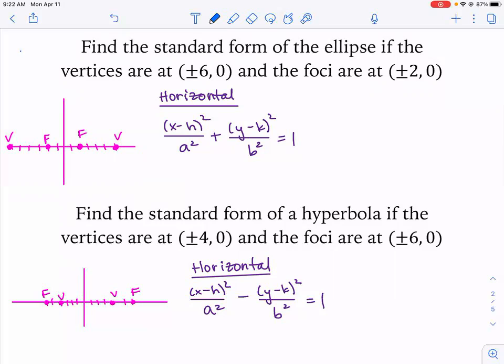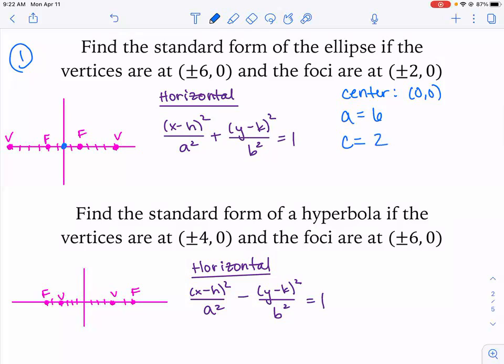In this first one, number 1, where's our center? At the origin, okay? Our center is in the middle of where our vertices are. We know this is horizontal because the vertices are horizontal from each other. What's A? 6. Our vertices are 6 from our center. The foci are 2 away.